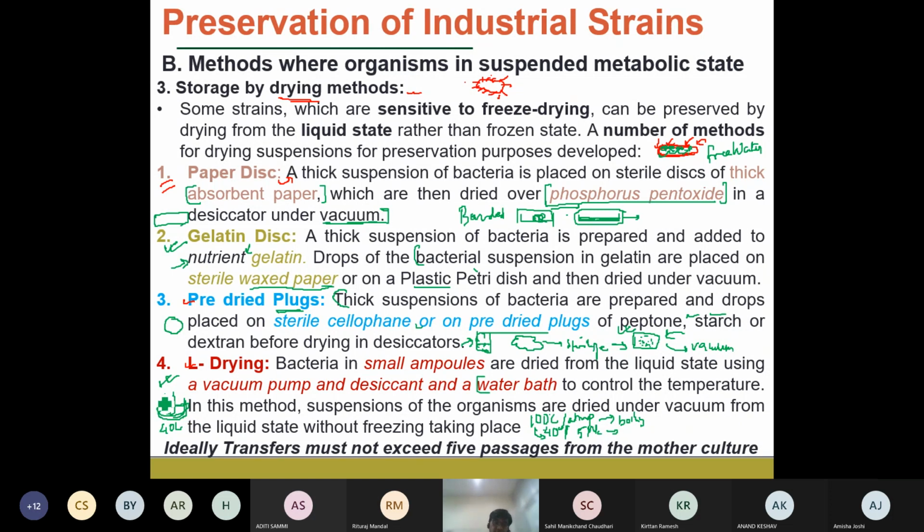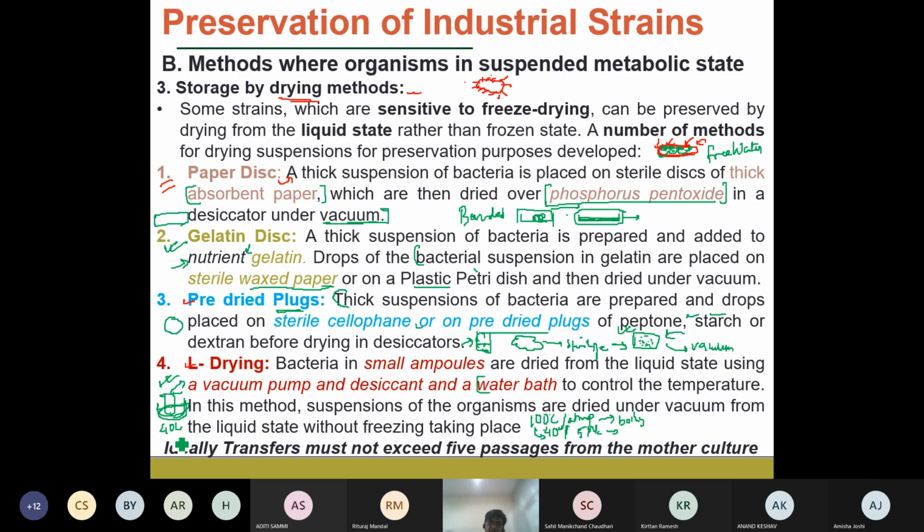Then we apply the vacuum, and the water starts to boil and is converted into vapor. The vapor is removed and condensed, and what we leave behind is the microorganisms. So this is the fourth technique, the L drying technique, and these are the four ways by which we can preserve the strain.